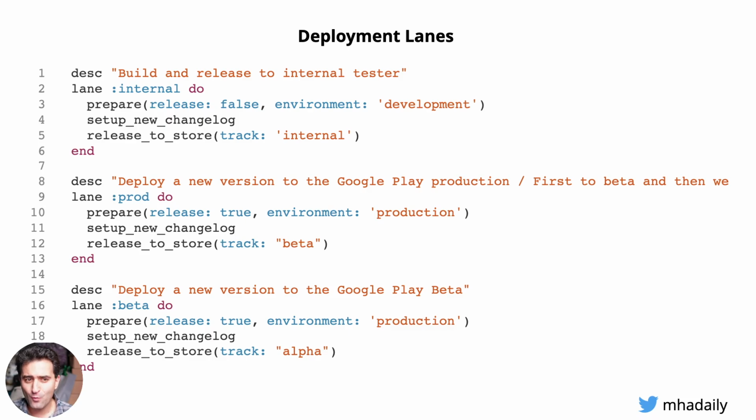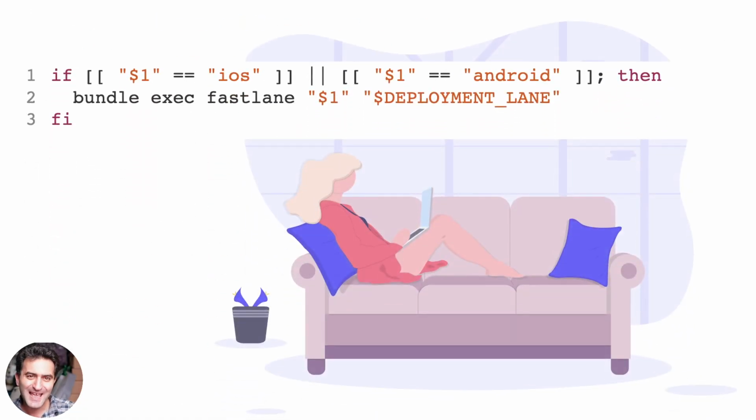And once you're done with all of your lanes and functions and stuff, you can go and create your maybe internal, prod, and beta lanes, which reflect the same branching workflow that we discussed. And then you can simply go to your CI/CD, your machine, wherever you installed Fastlane, and say, hey, bundle exec fastlane, just go for the iOS lane internal.